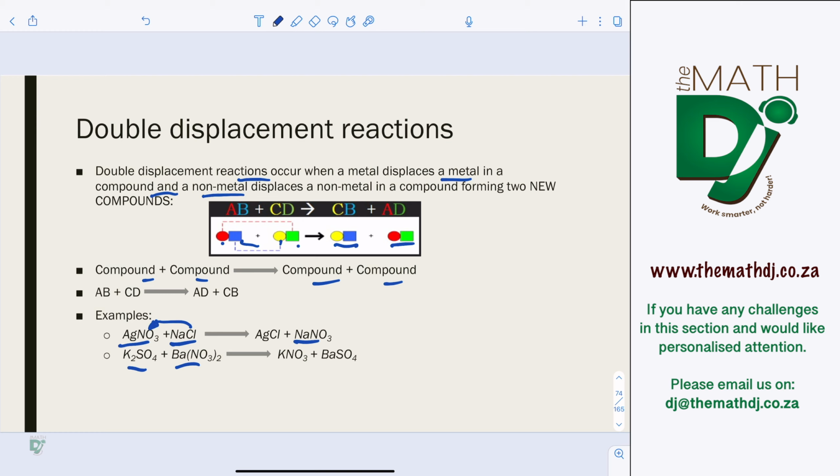They displace each other: the sulfate displaces the nitrate here, then the nitrate comes and joins here. So it's a double displacement reaction.